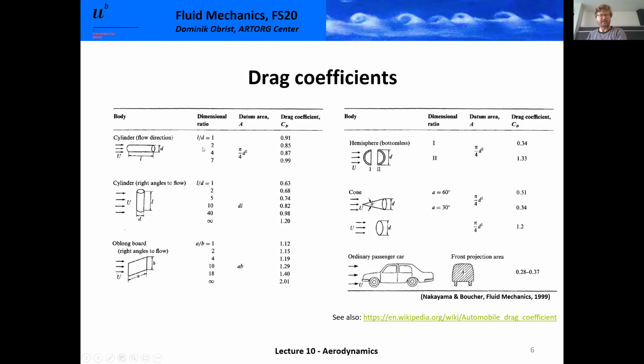And there's this cross-section A, which must be defined. It's a matter of definition what we want to choose. In the case of these coefficients, the 0.91, 0.85, and so on, they chose this cross-sectional area, which is essentially the area of the cylinder cross-section of the circle generating the cylinder.